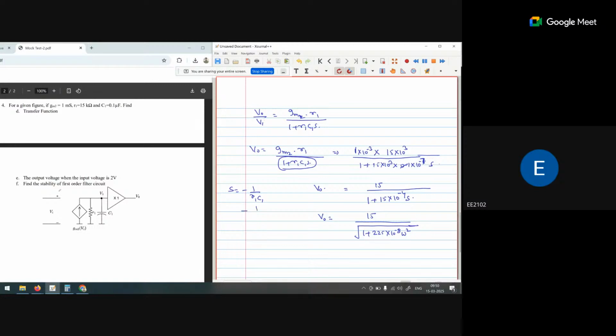So it is minus 1 upon 15 into 10 raised to power 3 into 0.1 into 10 raised to power minus 6. So it is equal to minus 1 upon 15 into 10 raised to power minus 4, which is 10,000 divided by 15, so 2000 divided by 3, or minus 666.67. The value is negative, so it is stable.